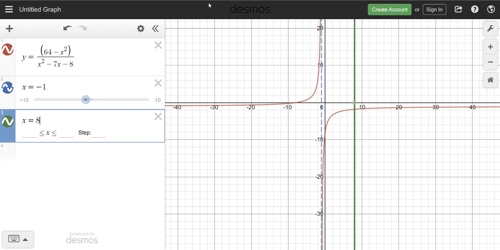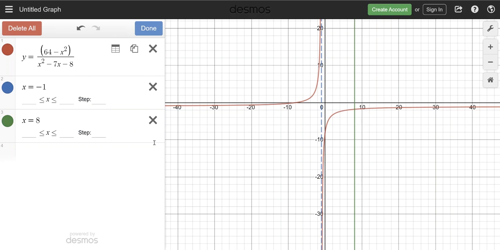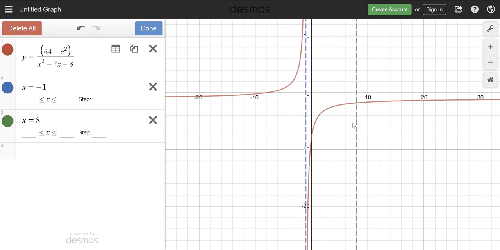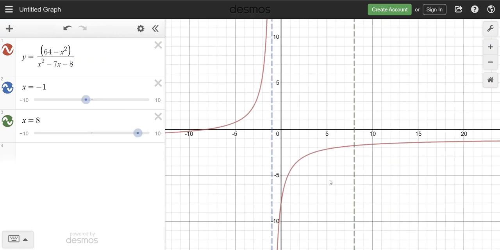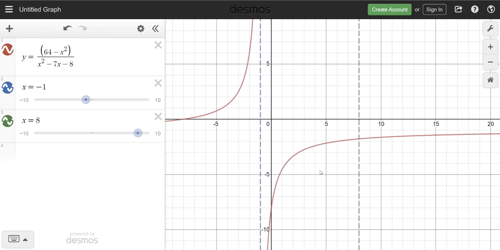Let's go ahead and make this a dashed line so that it's, again, easier to see, okay? So now zooming in on this a little bit, what happens when x equals 8? We have a removable discontinuity, a hole in the graph.